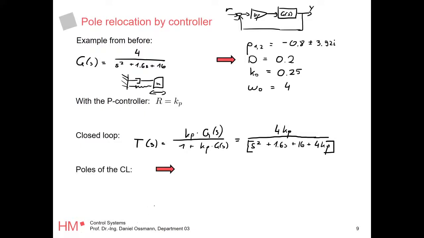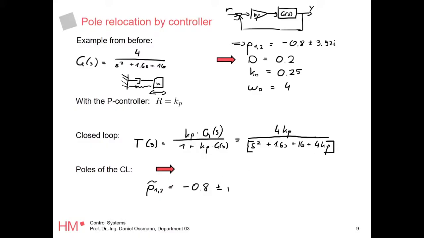Okay, let's do this. Poles of the system, they end up, and I'm naming that P tilde because they are the closed loop poles, right? Remember, these are the open loop, or these are the poles of our system. When we close this loop, we are changing the poles, and we want to see that now. If you close the loop and calculate the poles now, you have this additional term here.